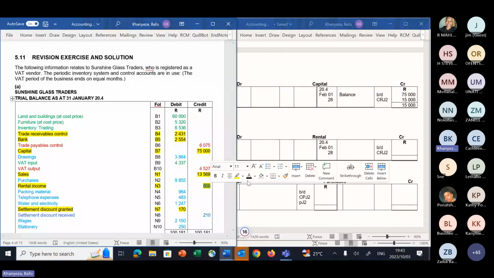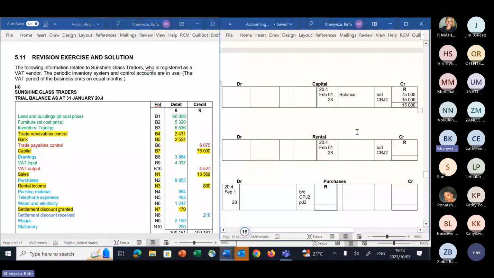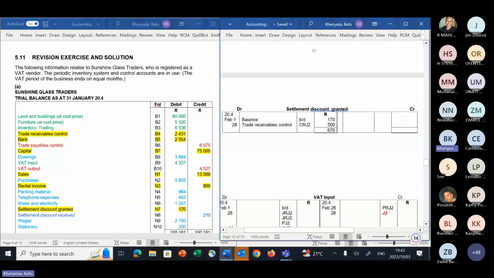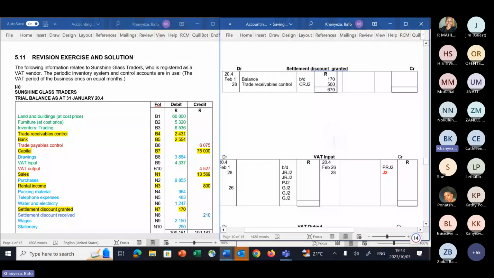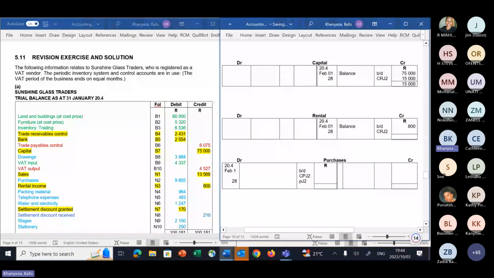So the balance for rental income is going to be, at the end of every month somebody posts, but now it happens automatically. Rental income is a credit because it's income. Income is on the credit side. It's owner's equity. It is the owner's wealth. Then you go to the journals.